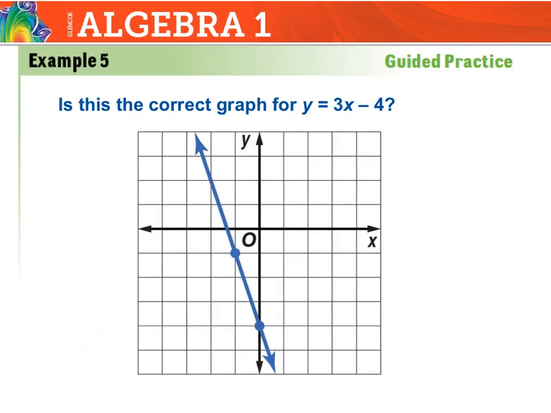And last one. Is this the correct graph for this one? Okay. Well, let's see how our intercepts work out here for us. So, standard form says 3x, you got to move over, so we need to subtract. So this is -3x plus y equals -4.